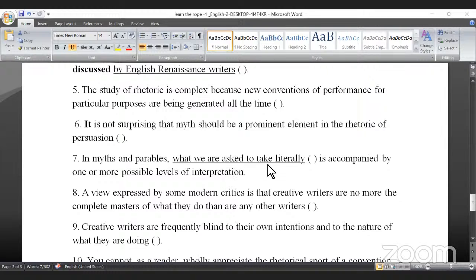Haven't you seen sentences like this? These are also constructions in English. What we are asked to take literally is accompanied by one or more possible levels of interpretation. They're perfectly grammatical sentences. In myths and parables can in fact be treated as an adjunct in the sentence because you can have the sentence without it. It does not change the grammar.